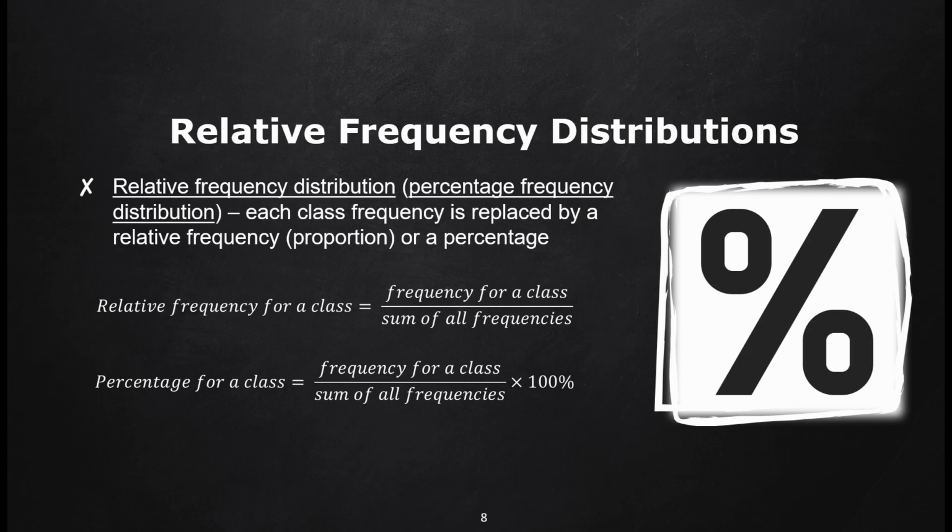So how do we get a relative frequency for a class? Well, we add up all the frequencies and then we divide the frequency for that specific class by the total. And if you want a percentage, you just multiply by 100%. So let's actually do that with the frequency table that we just found.